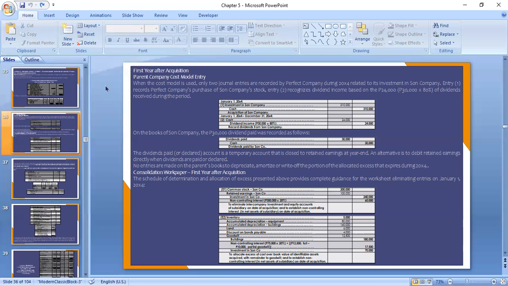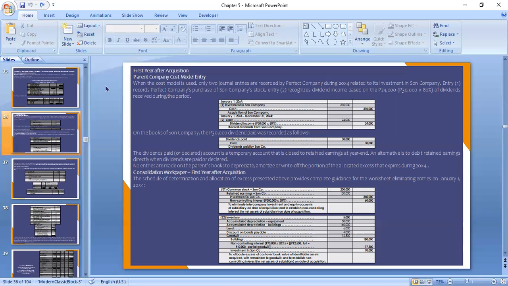The dividends paid or declared account is a temporary account that's closed to retained earnings at year end. An alternative is to debit retained earnings directly when dividends are paid or declared, but you may still debit dividends. And finally, debit retained earnings and credit dividends.